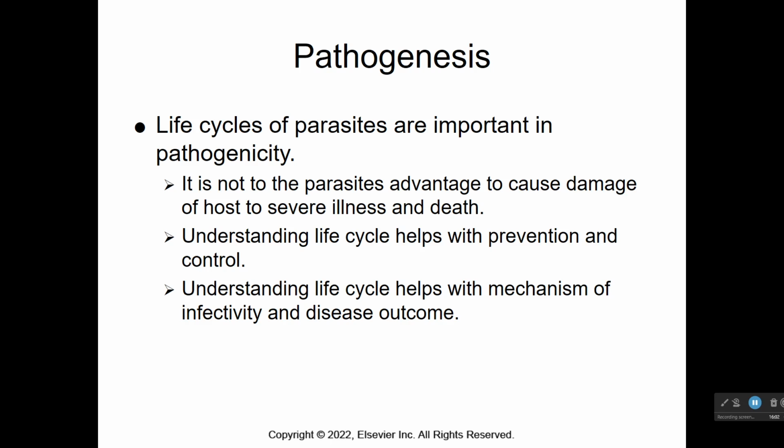But sometimes that does happen. They can cause severe illness and death. Also, that life cycle, as it continues from another host to us, leaves us, goes into another host cycle. If we understand the cycle, that can sometimes help us break that cycle to control or prevent the illness, to control and prevent the cycle from continuing. It helps us with disease outcome also.